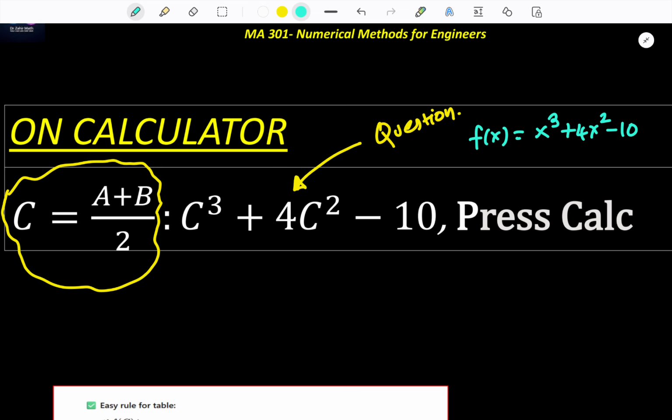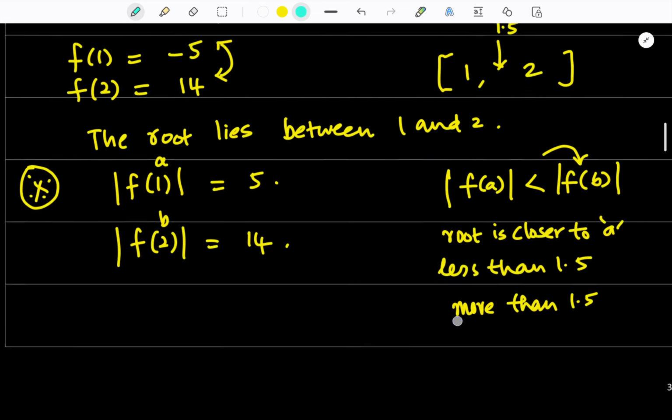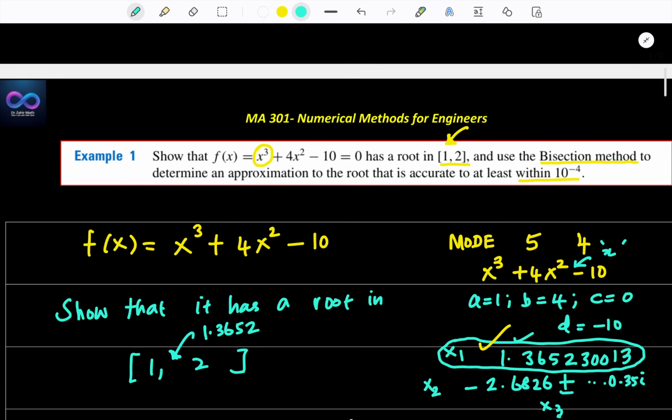Shift 93. One more point I forgot to tell you, which is the last point: accurate to within 10 power minus 4. When you say 10 power minus 4, which is nothing but 1 by 10 power 4, which is 0.0001, right?